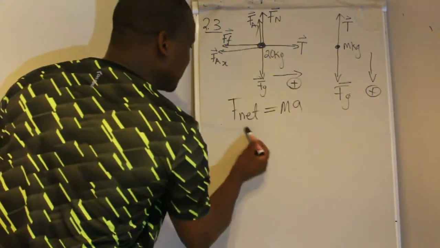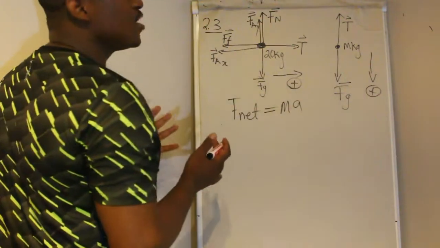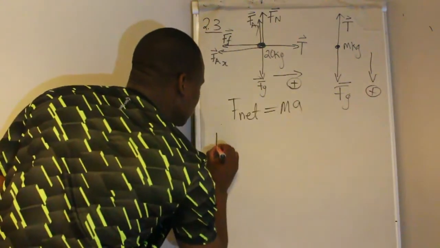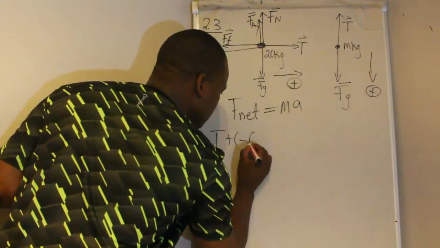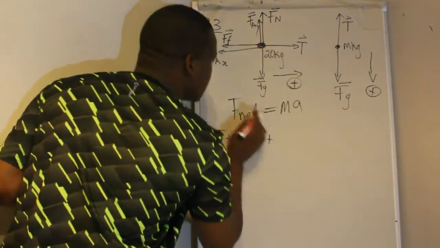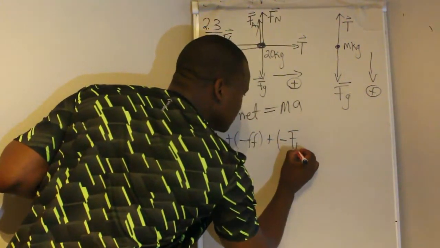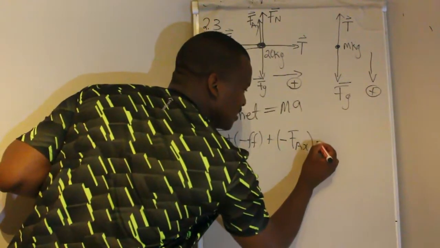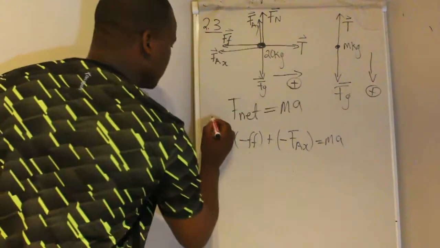Now for the net force, you are summing your forces. We have the tension force plus the negative frictional force plus a negative force applied in the x direction, equal to MA. This is for the 20 kg block.